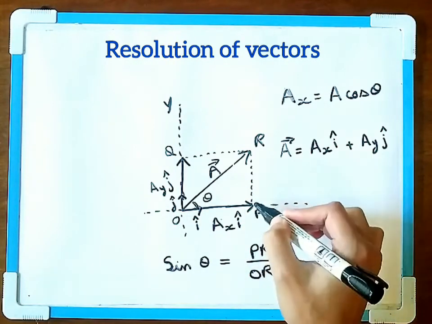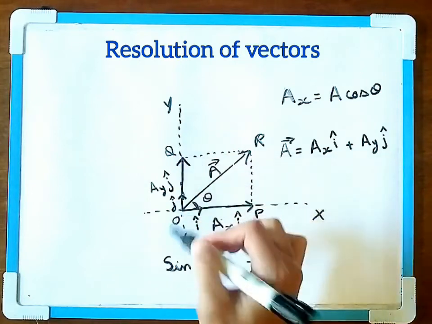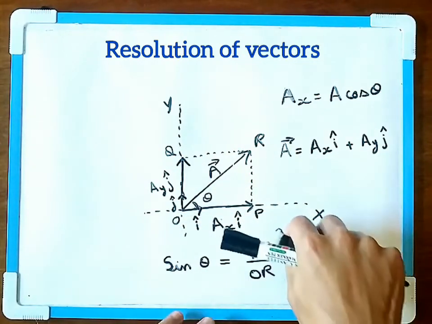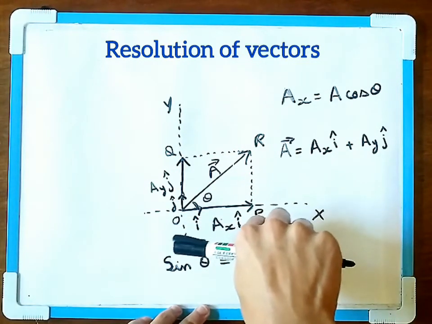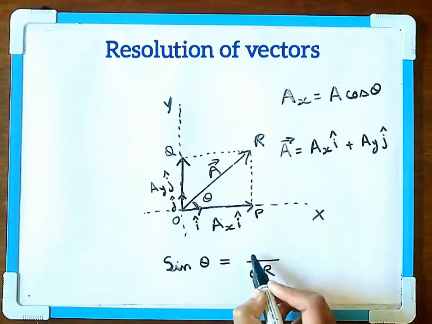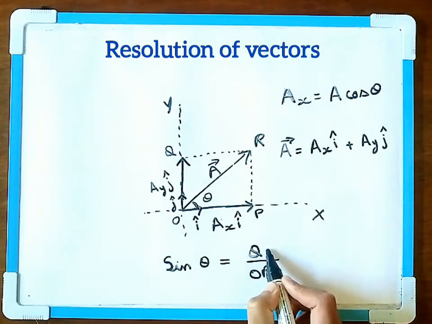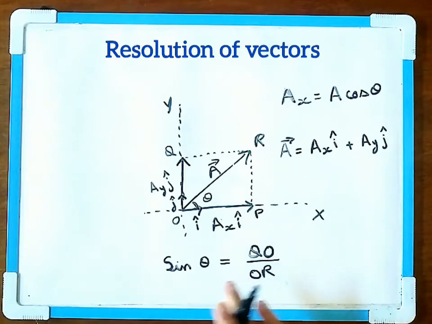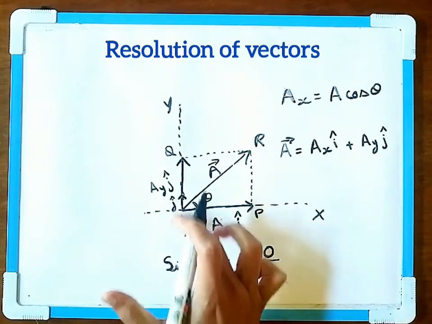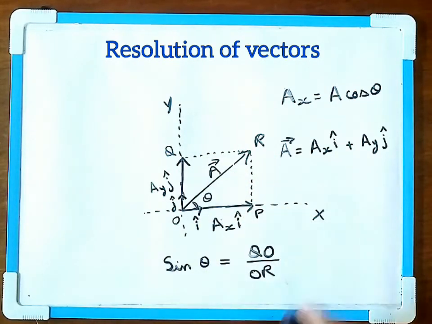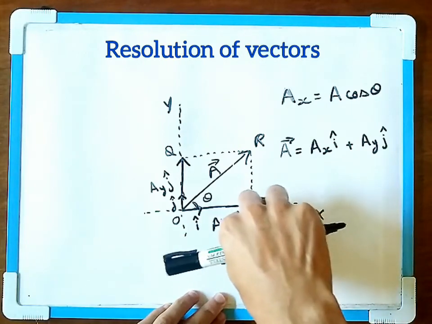And this PR is the same as OQ. So instead of PR, I'll write OQ, and OQ or QO is the same, and this is the magnitude ay.